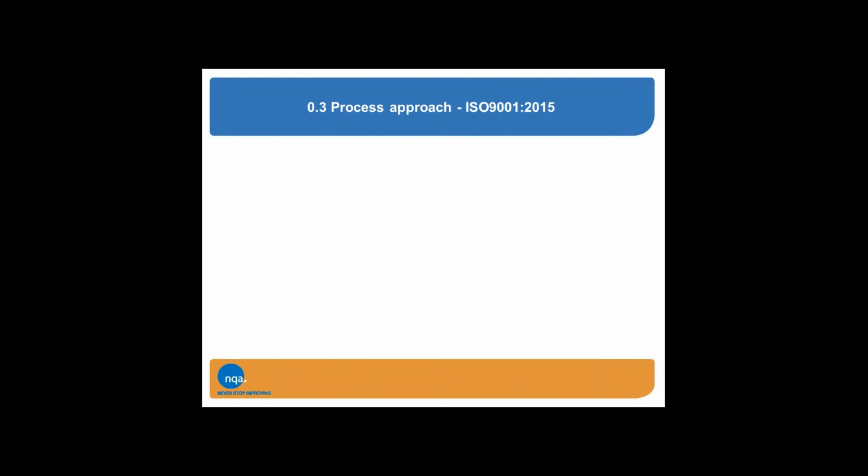There's some very useful information in there, including this clause 0.3, the process approach. And it subdivides into general requirements. We have the plan, do, check, act cycle, this section, and those 10 clauses of Annex SL are all structured around plan, do, check, act. And then we have this risk-based thinking requirement.